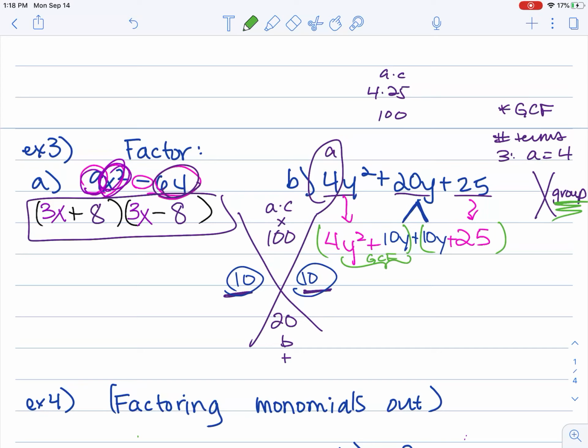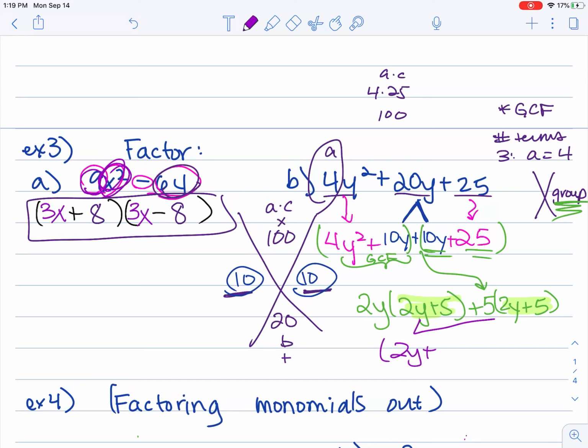And now we look for a GCF. Out of 4y squared and 10y, we can pull out a 2y, and we're left with 2y plus 5. Bring down the plus sign, and we can pull out a 5, and we get 2y plus 5 as well. And again, these match, which means we did our job right.